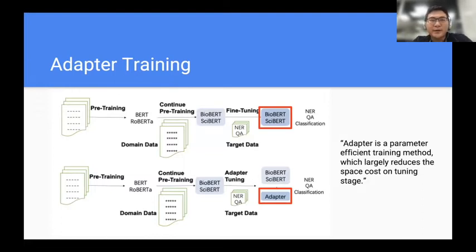Before I present our formal proposal, let us first take a look at adapter training. So what's adapter training? Instead of heavily tuning the full parameters of BERT, we can add an extra adapter module to constrain the parameter updates in this extra part while freezing the giant backbone model, just like the figure shows.